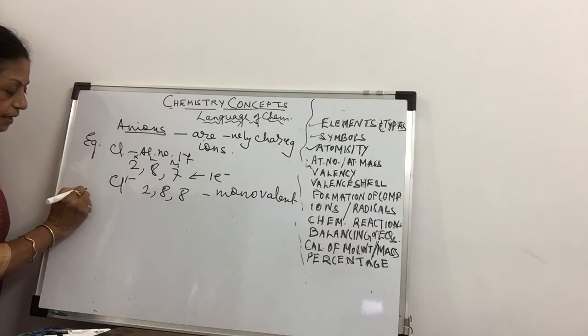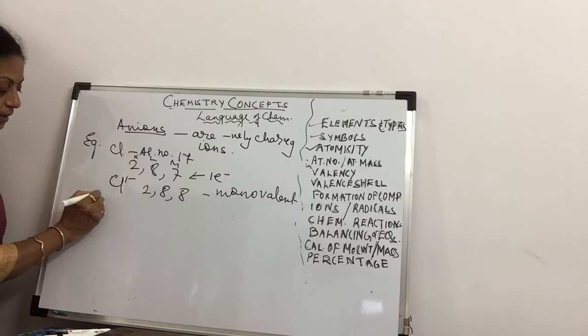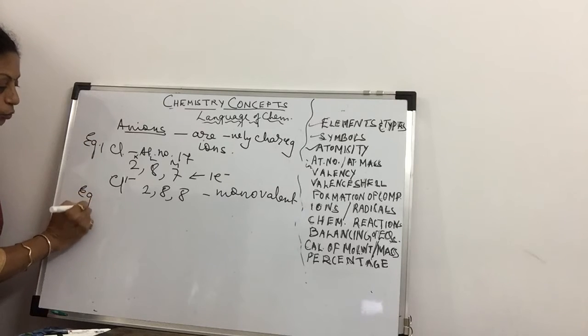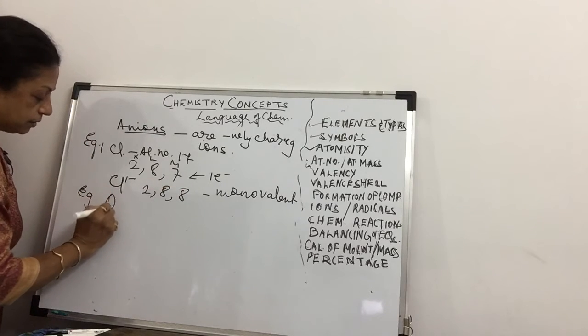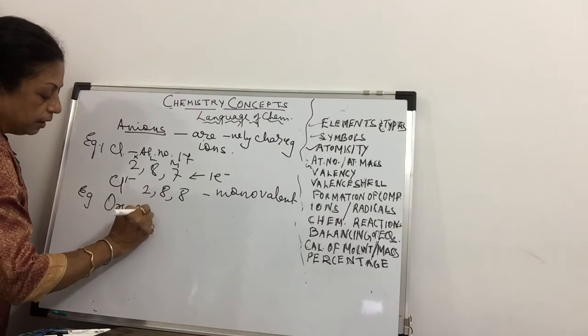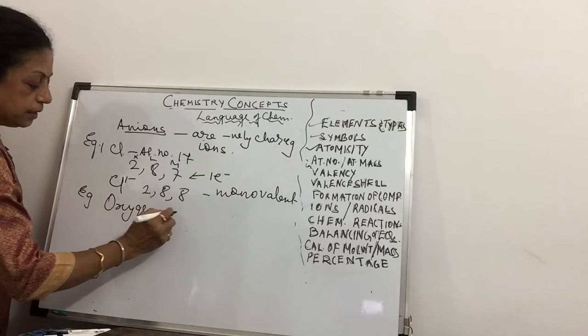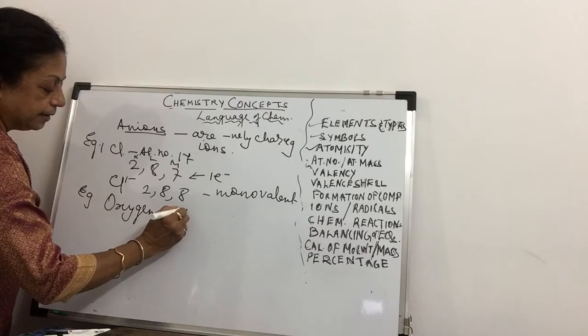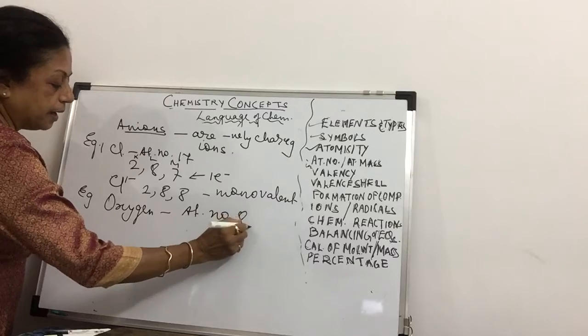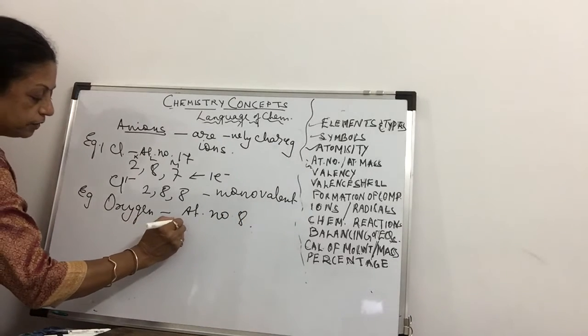This is example number 1, and this is monovalent. Example 2: suppose we take oxygen. Oxygen has atomic number 8. What is the electronic configuration?